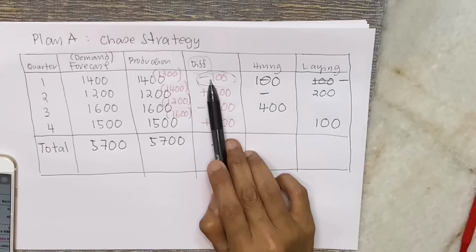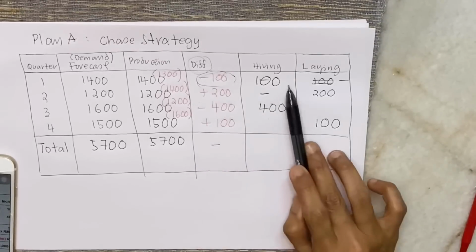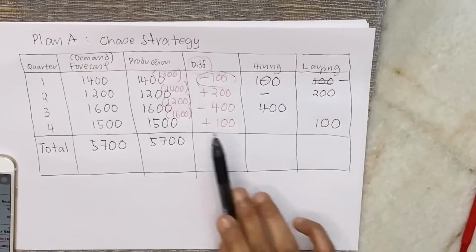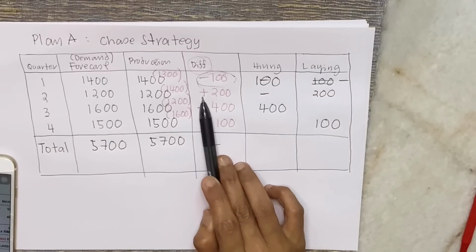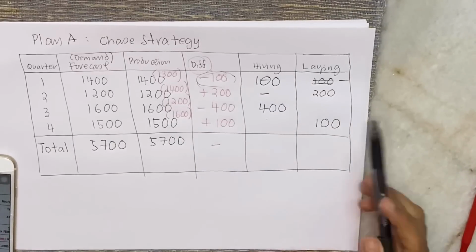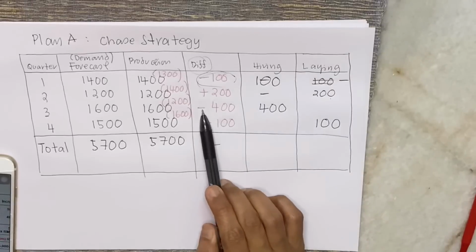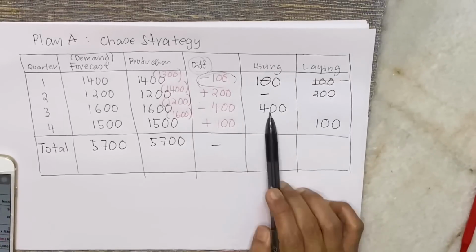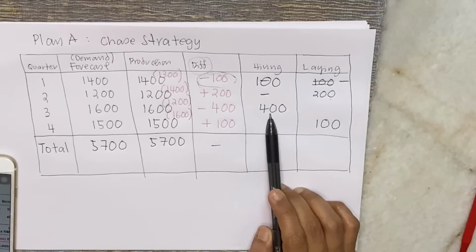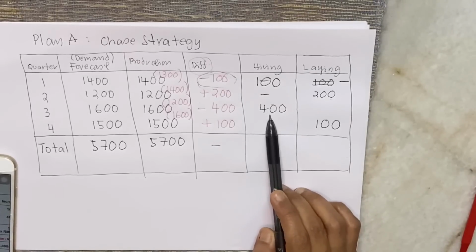Negative, we got a shortage. Therefore, we have to hire workers to produce our item. If it is positive, then we got a surplus. Therefore, we have to lay off the workers that are equivalent to producing 200 units of items. We got a shortage, therefore we have to hire workers that are able to produce 400 items.